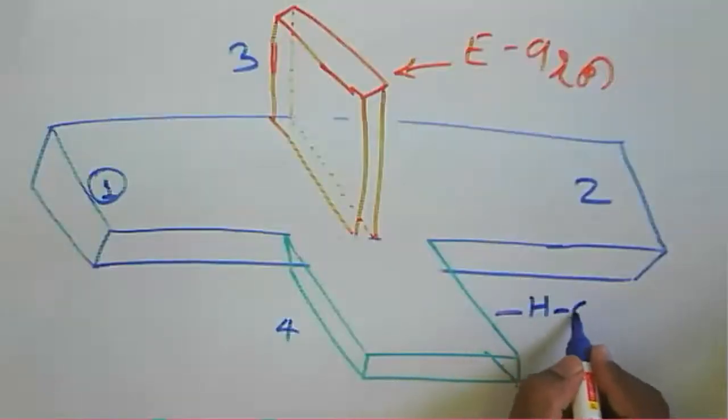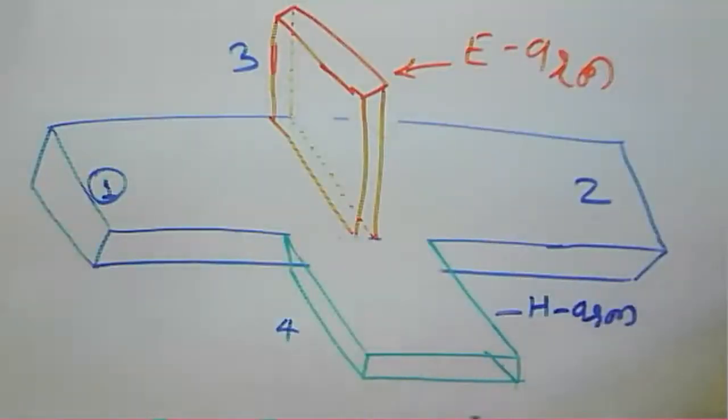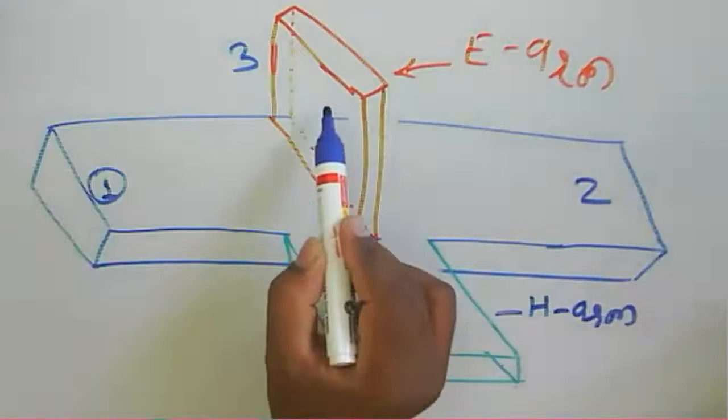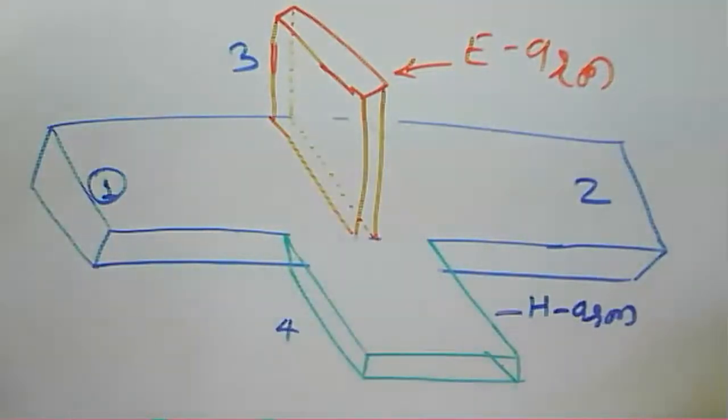This one is the H arm, this one is the E arm. Arm one, arm two, arm three, arm four. So it has a fourth port here.